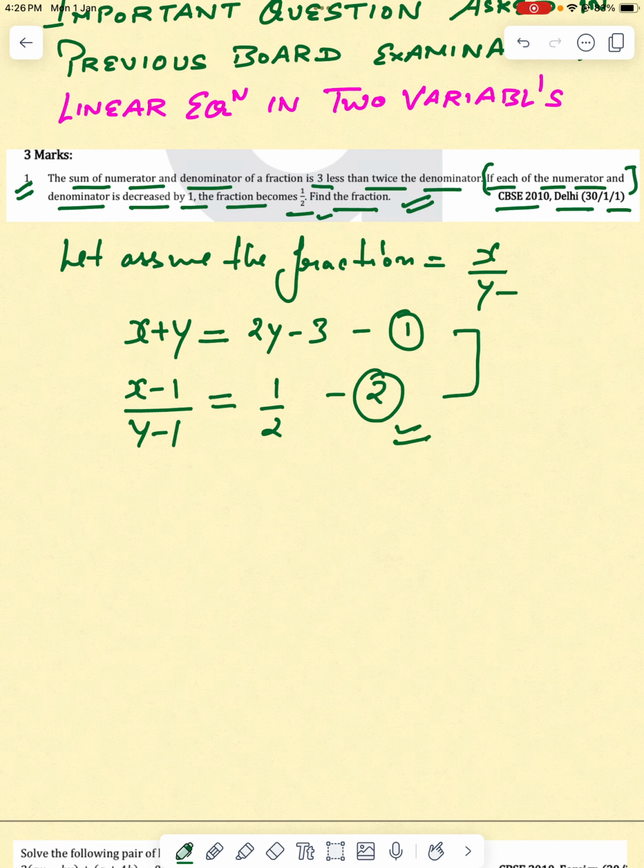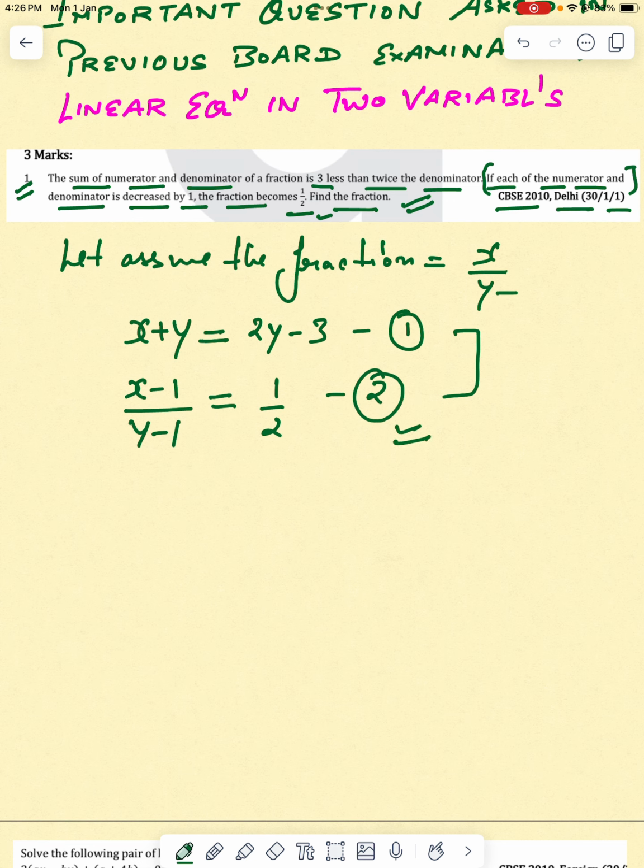What about equation number 2? Just cross multiply and take it on the other side. So 2 multiplied by x minus 1 equals 1 multiplied by y minus 1. So 2x minus 2 equals y minus 1, or you can say 2x minus y minus 1 equals 0.